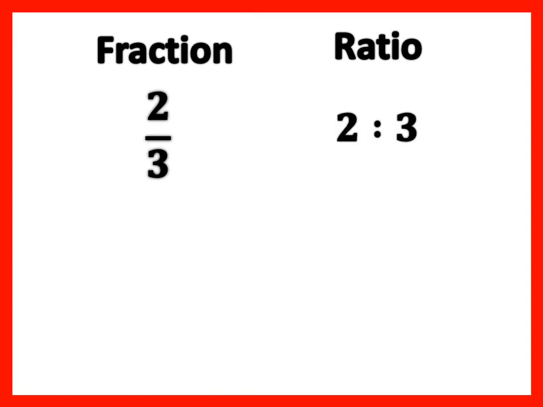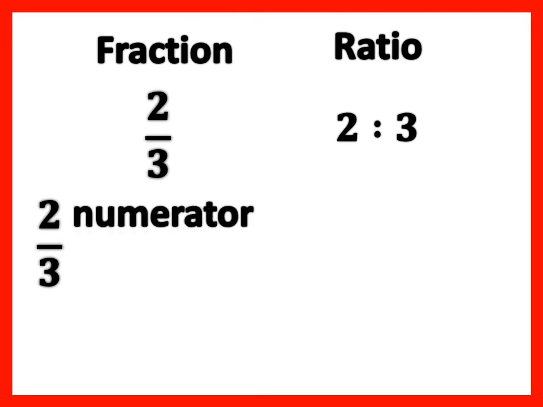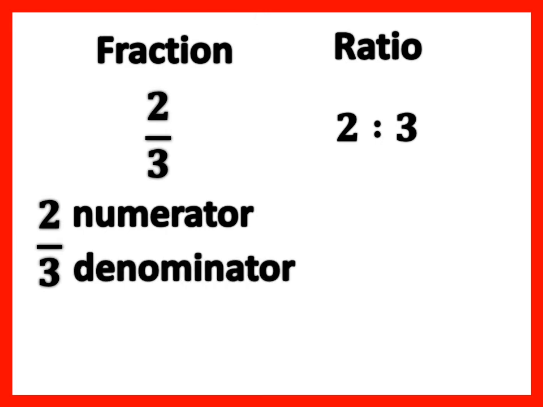So this is the fraction. For example, we have 2/3 or 2 over 3. And this is the 2/3 in ratio. That is 2, this symbol, and the number 3. So in 2/3, 2 is what we call the numerator, and 3 is what we call the denominator.